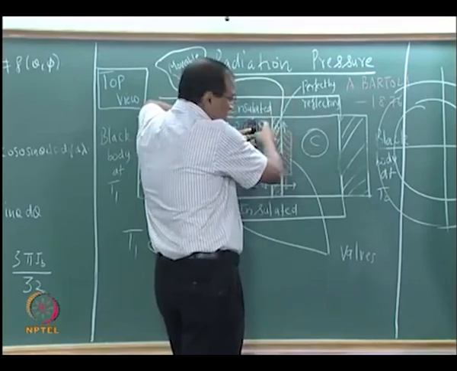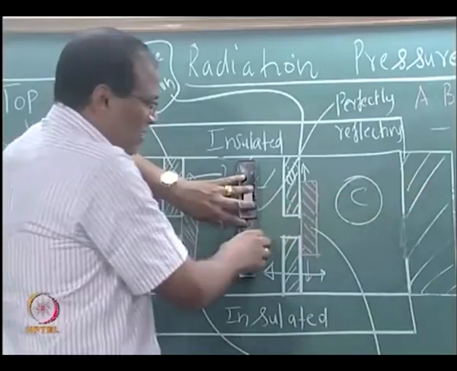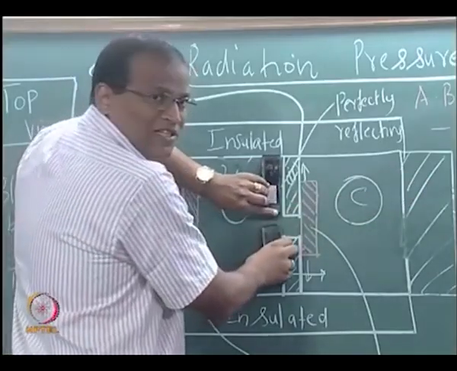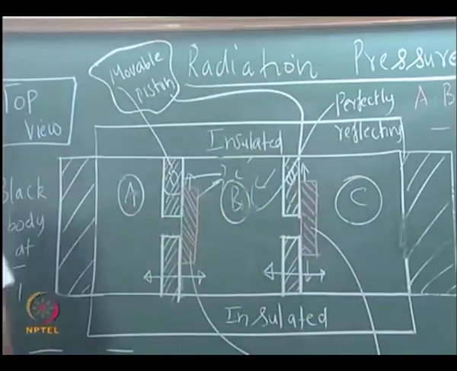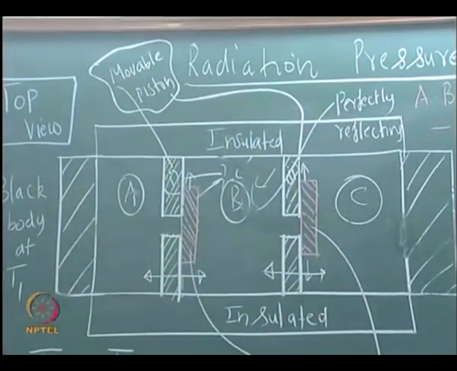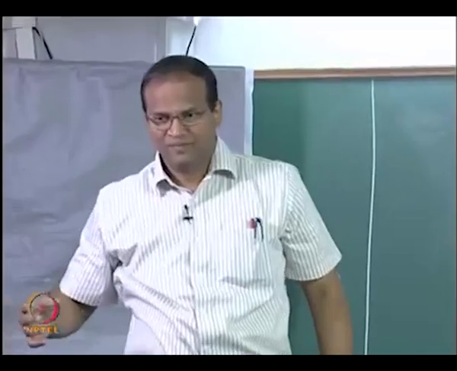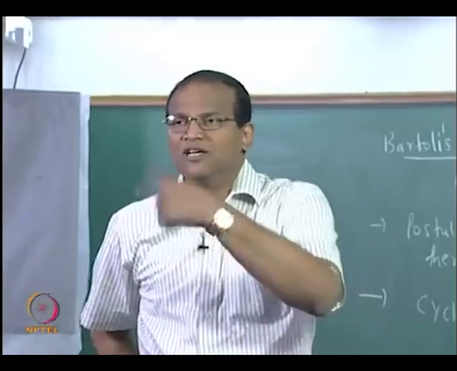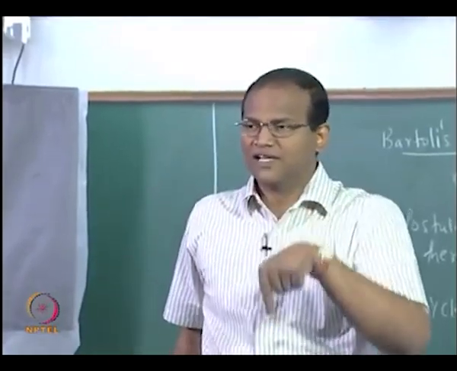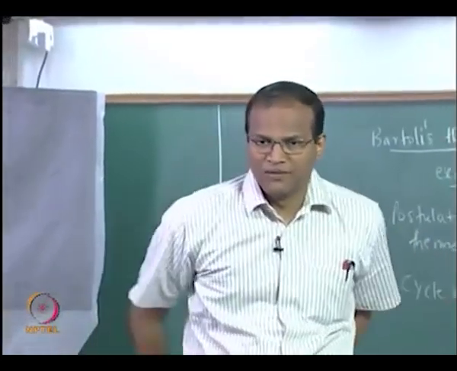Now you open this, so everything is moved towards T2, such that the radiation energy density is pushed, everything is pushed to the black body at T2. Now the third process of the cycle is to bring it back to position 1.